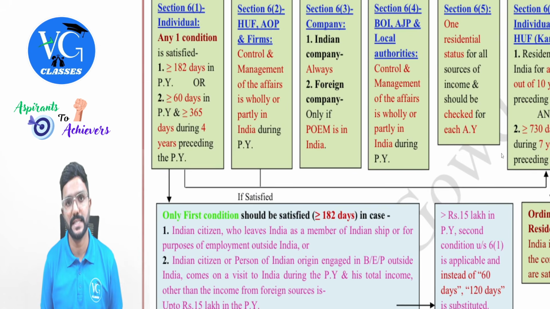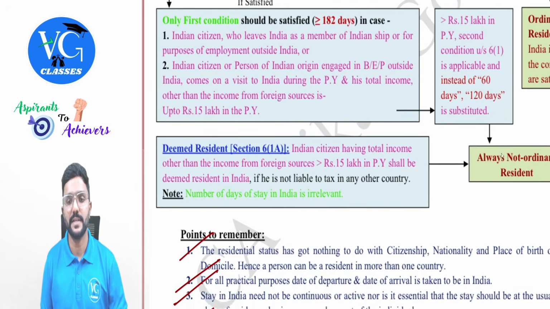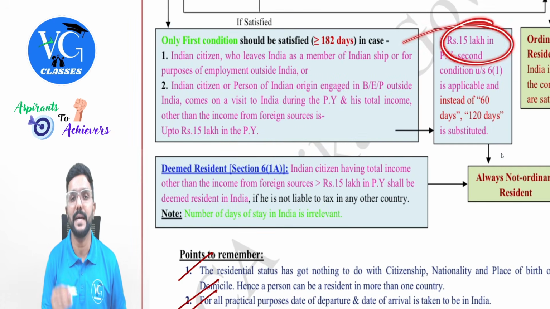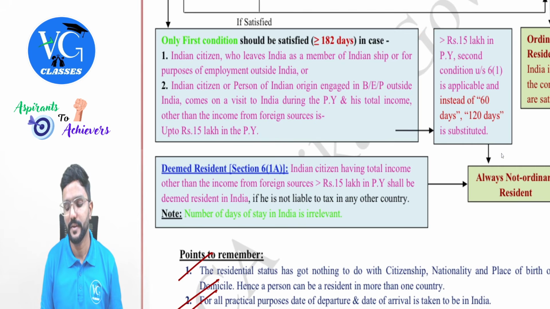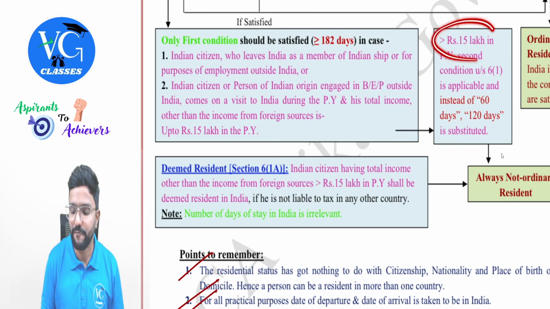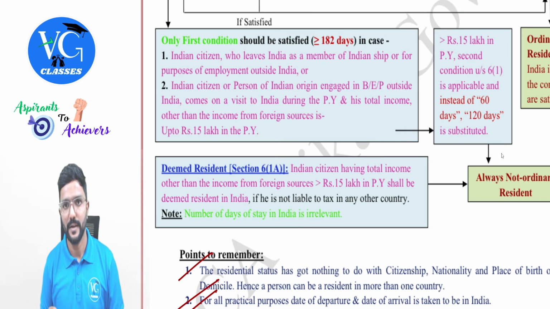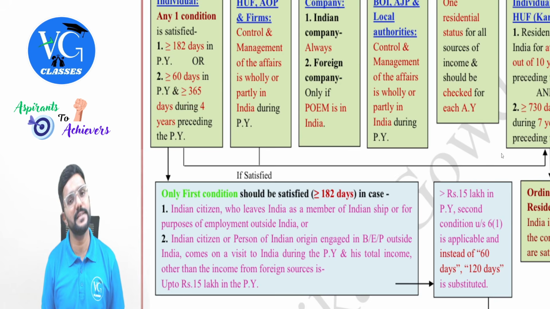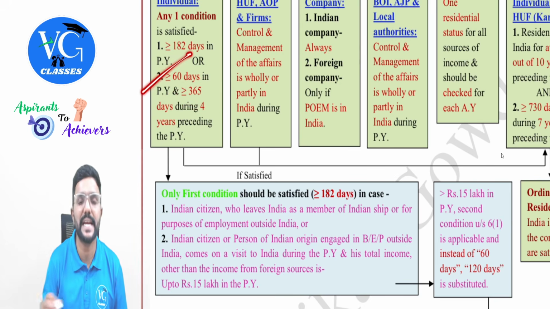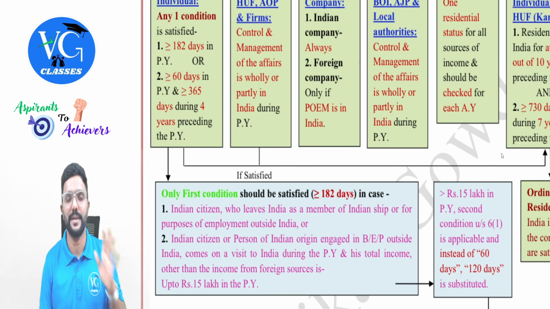Sir, what if his Indian income is more than 15 lakh? Then we need to answer from both points of view, because the question is silent about Indian income. If his Indian income is more than 15 lakh, then 120 days or more, satisfied? Yes. And 120 into 4, will it be more than 365 days? Yes. So he has satisfied the second condition given under section 6(1).